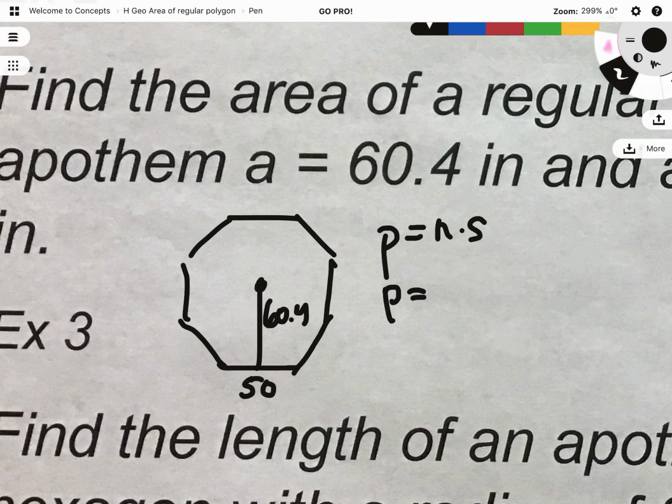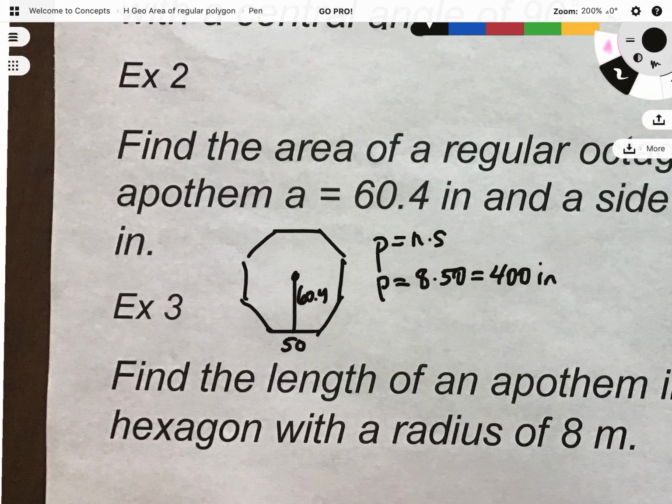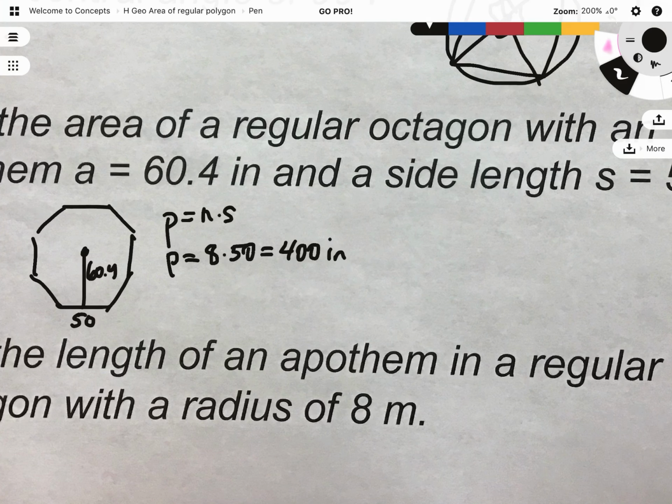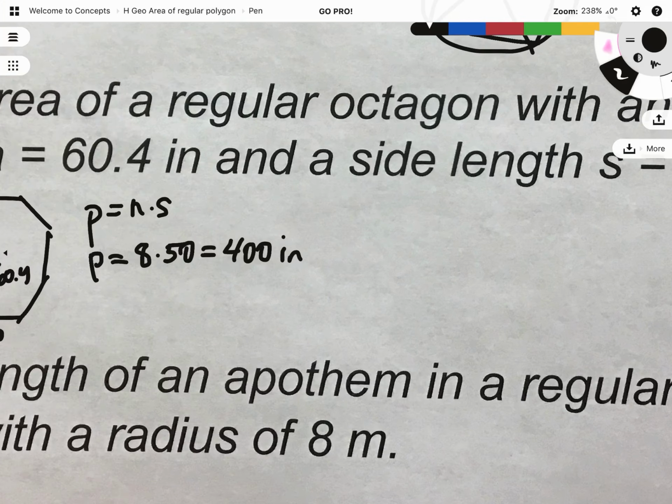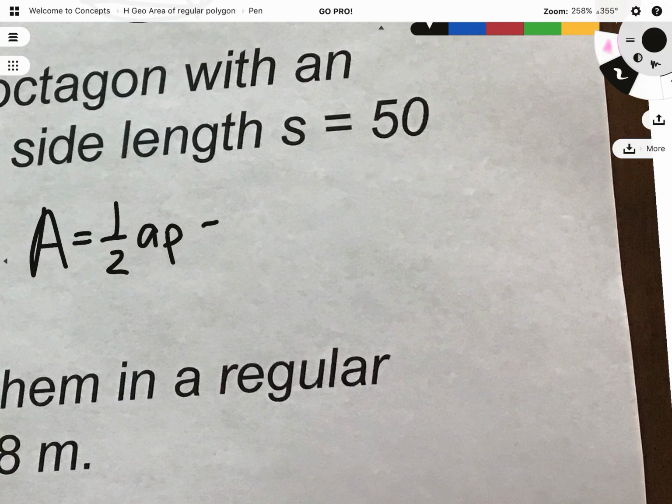Well, there's 8 times 50, so we get 400 inches is the perimeter. And then we can calculate the area because we already know A. We know A and now we know P. So the area, capital A, is 1/2 A times P.